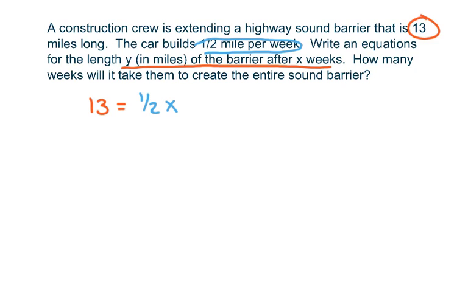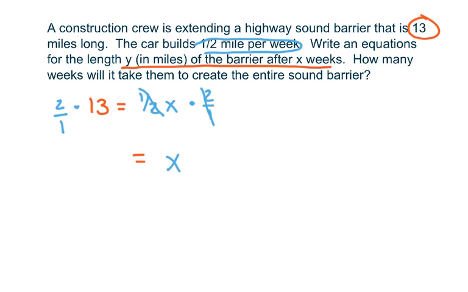How many weeks will it take them to create the entire sound barrier? So that means I multiply by the reciprocal here to solve this equation. So I need to multiply by 2 over 1. So this will cancel. I'm left with x. And that's going to be 26.